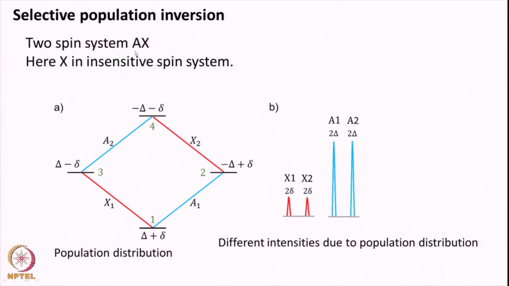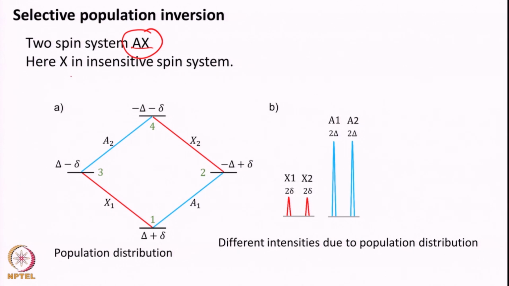So, let us consider this as an AX spin system. AX means a weakly coupled spin system, like proton and carbon. Proton on a 600 megahertz spectrometer resonates at 600 megahertz, and carbon will resonate at say 150, and their J is typically around 140 or 120 hertz.